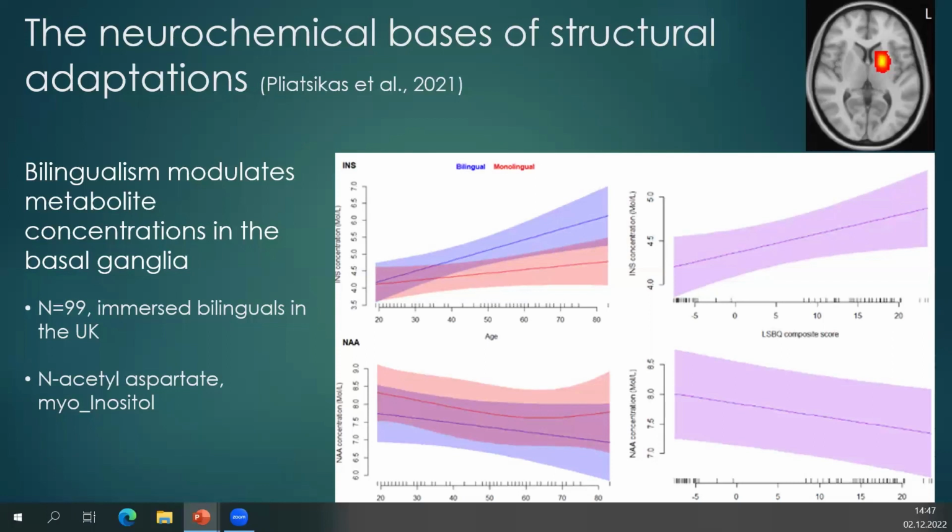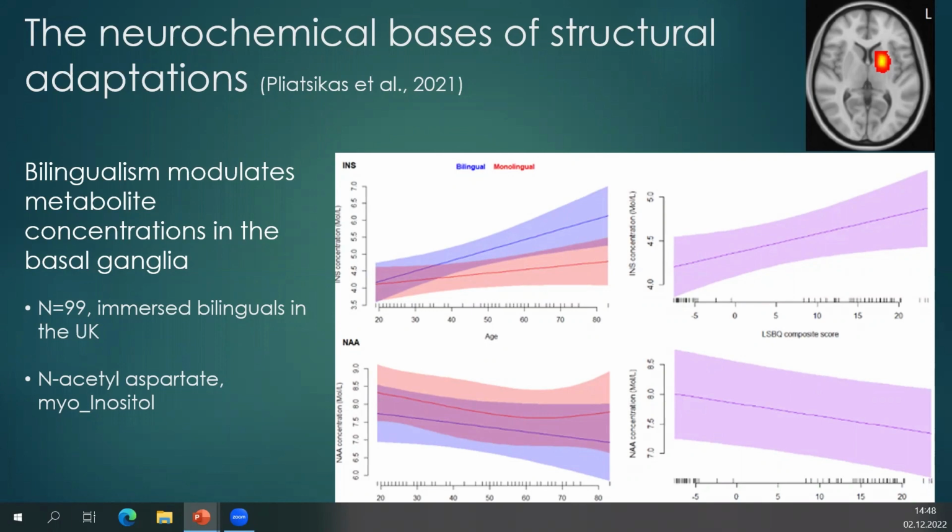So the first thing we did is we looked at how aging patterns differ between bilinguals and monolinguals. So you have a steeper increase of myo-inositol in bilinguals. And if you didn't know that they were bilinguals, you would say, hold on, they age faster than monolinguals.